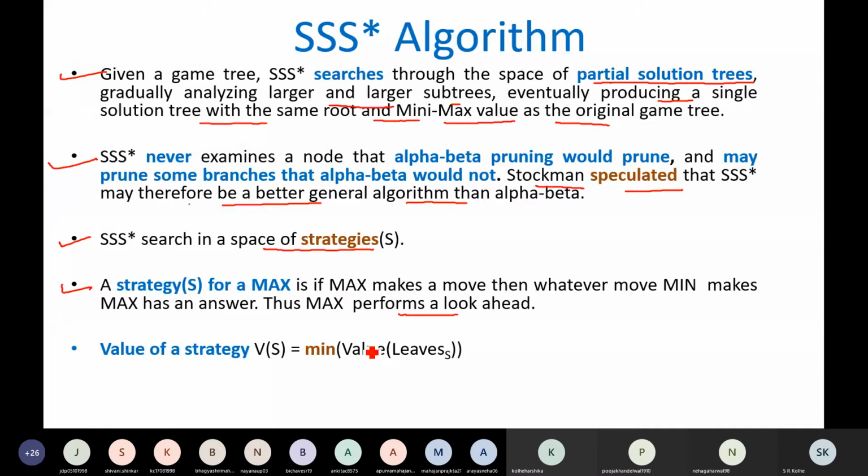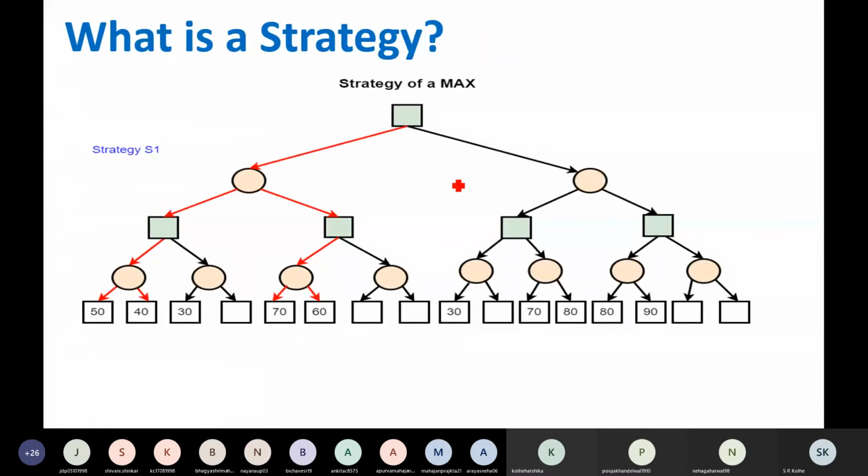For example, come to this game tree. Now max has these two options. Out of that, suppose max has selected this red color option. Then there will be min's turn. Min suppose has two options. Suppose min has selected this option, then max will select the best one, suppose this left one. Then min will again have two different options.